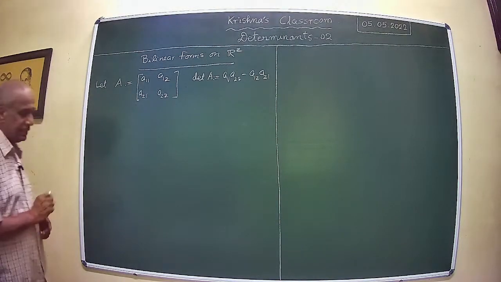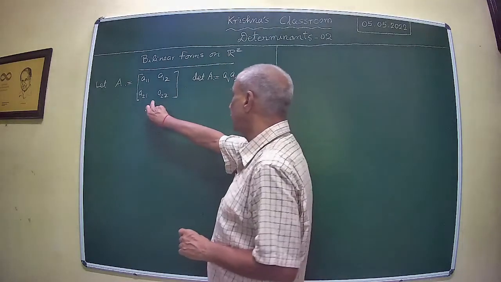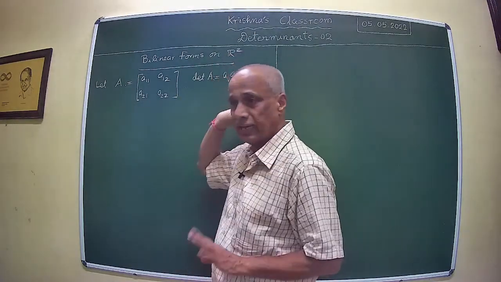In fact, we have seen that this is an association of 2 by 2 matrices with a scalar.